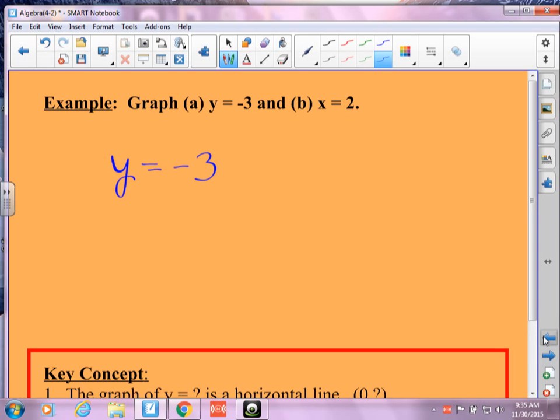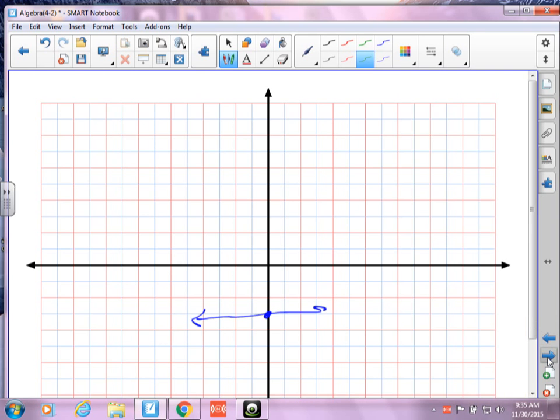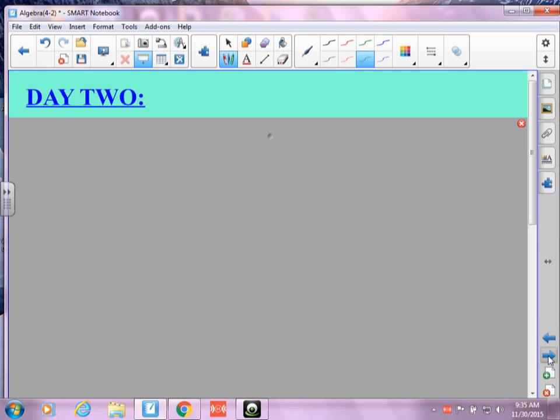And so if I go back and I go x equals 2, okay, so then I got x equals 2. I do the same thing, but I find where x is 2, and I draw my line like this, right? And it's my vertical line. Those are really important because they're going to come and haunt us later, especially when we do slope. All right? So make sure you understand them.